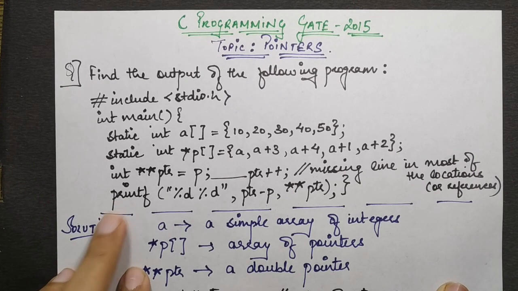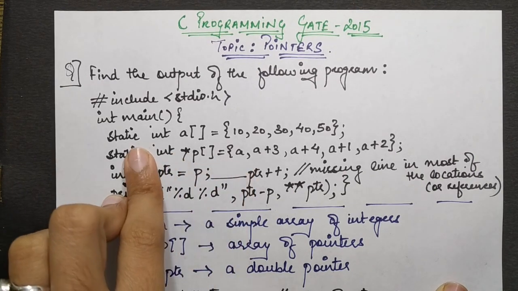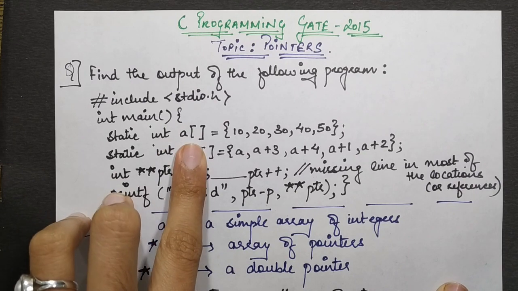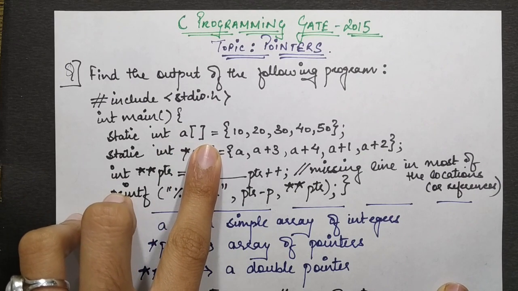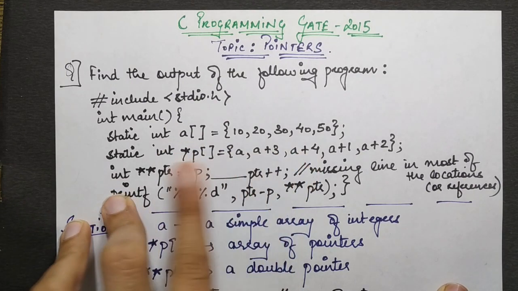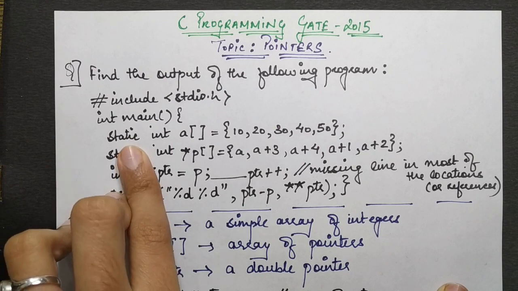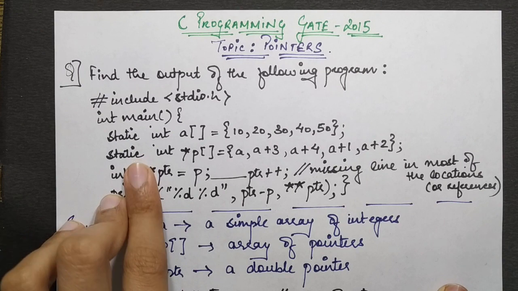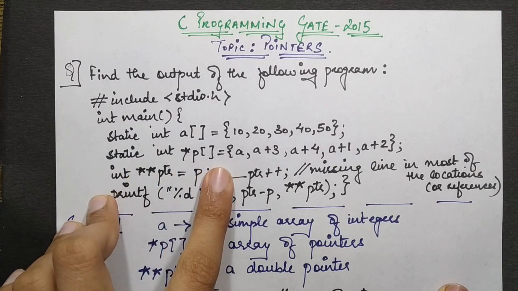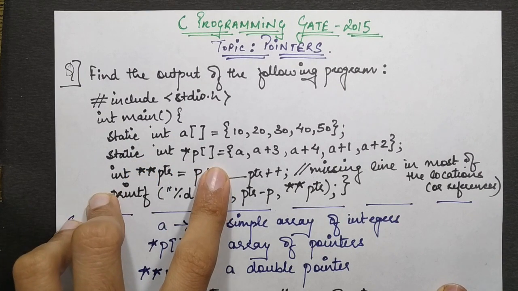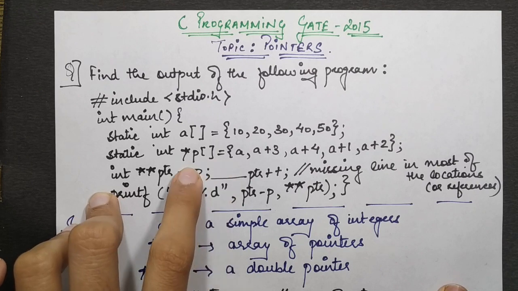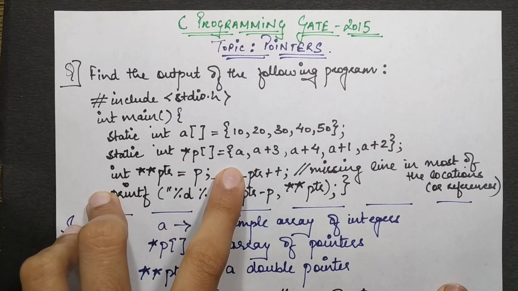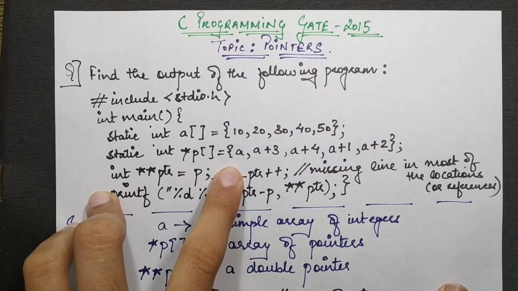What is the first statement in the main function? You have an array of integers, defined with static scope. Then you have another array defined as pointers, so it becomes an array of pointers.